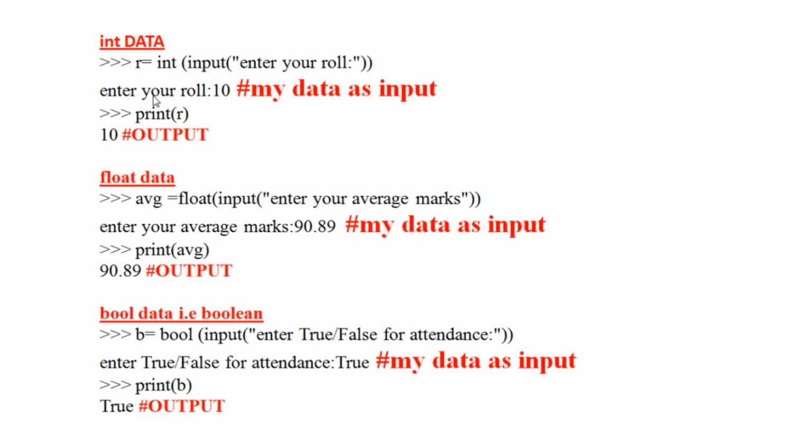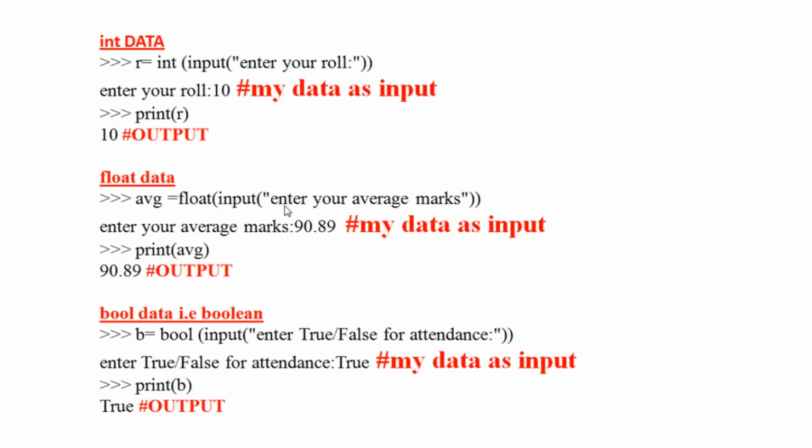So when you run this, it will say enter your roll, and then you press 10 and press enter key. As you press enter key, this goes in R. So when you print R, 10 is getting printed.